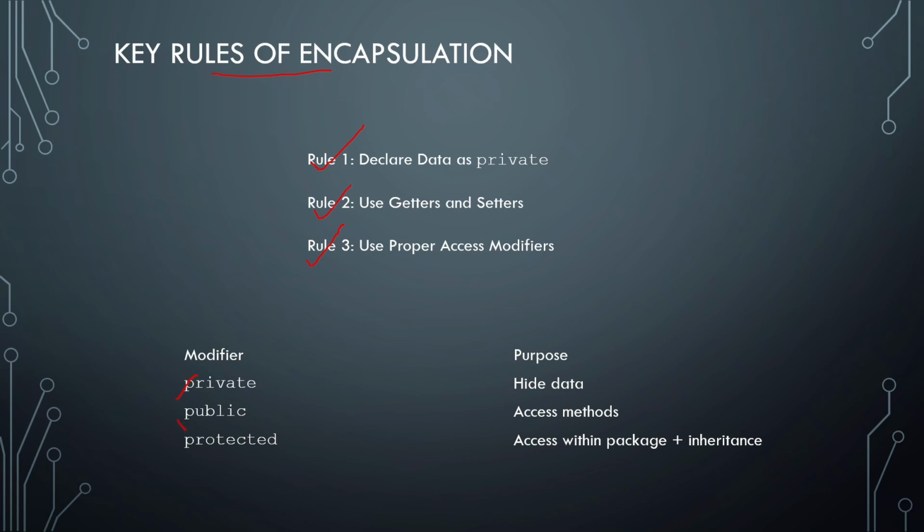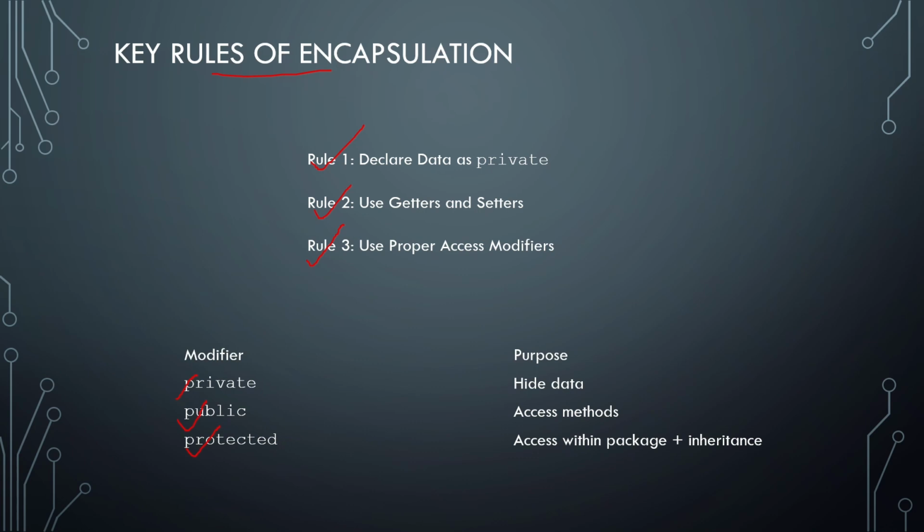Next, public. The purpose of public is to allow access from anywhere. Usually getter and setter methods are declared as public so that other classes can use them. And finally, protected. Protected allows access within the same package and also through inheritance in child classes.